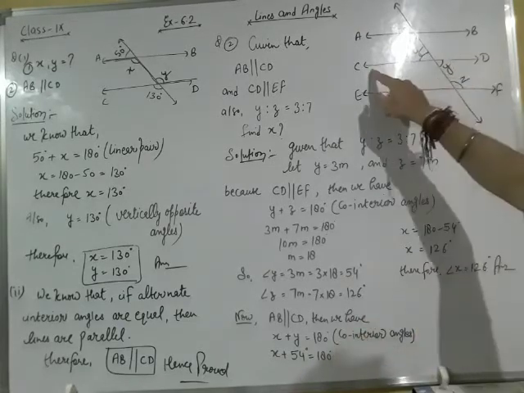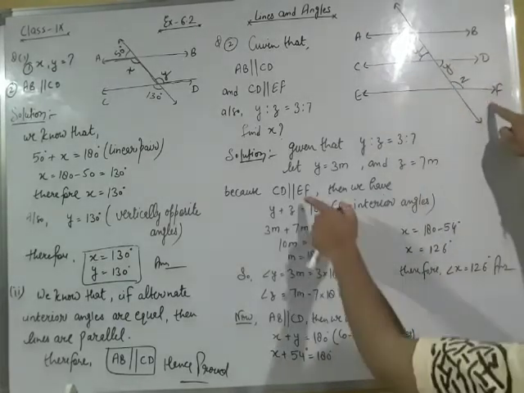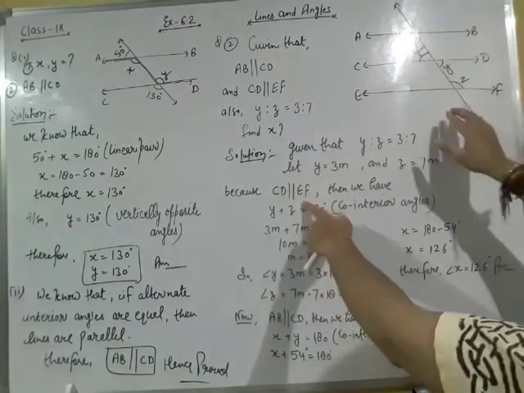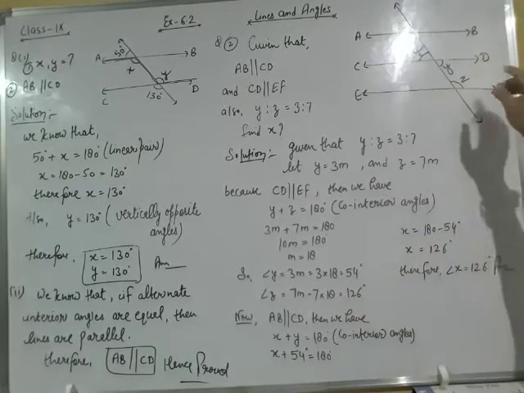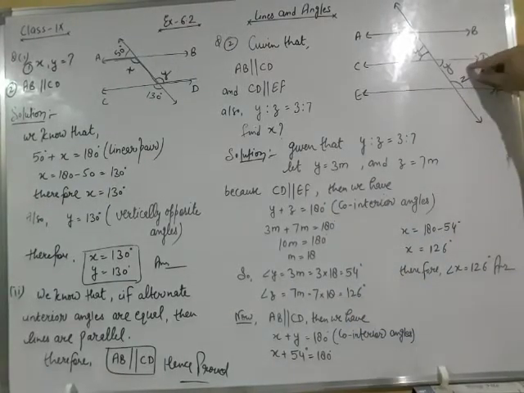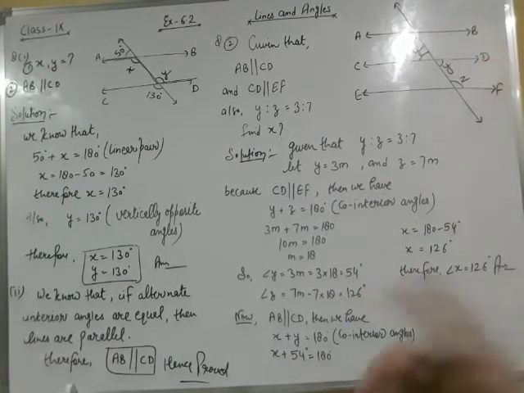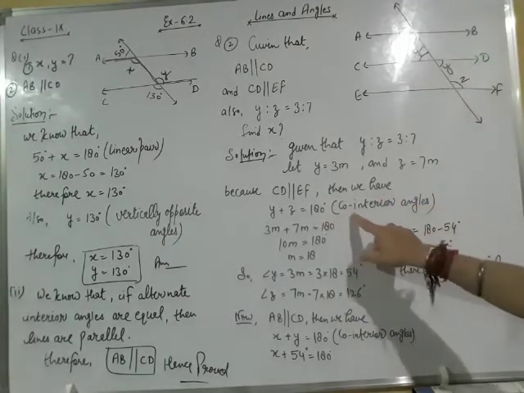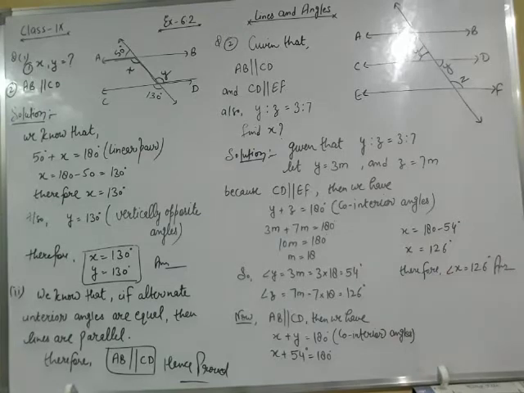Now CD is parallel to EF, it is given, and this is the transversal. So the angles formed on the same side of the transversal in the interior part are supplementary. Therefore Y plus Z will be equal to 180 degrees, and this is also the property of co-interior angles.